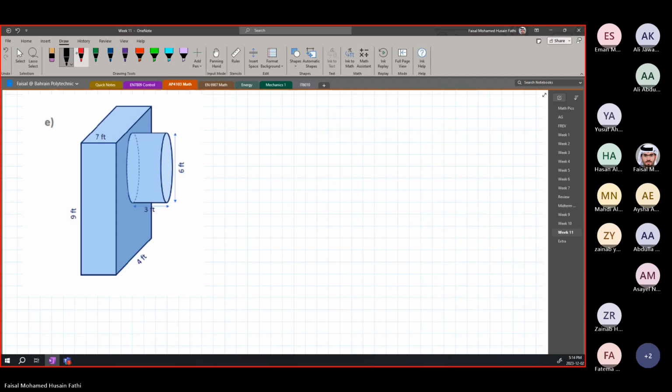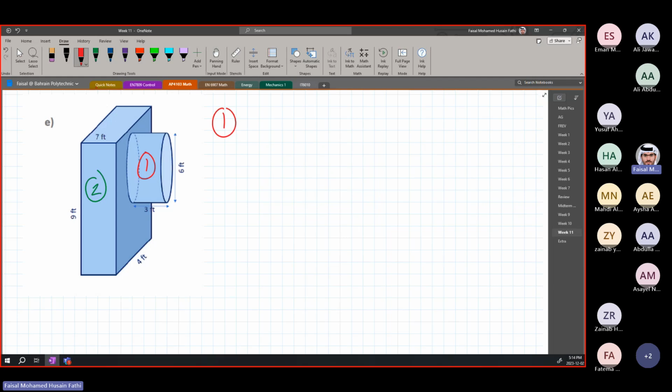E. Now, let's take this as number 1. This is number 2, and this is number 1. Exactly the same way of solving. Don't get scared because you see it upside down or whatever. Exactly the same area, same methods of solving, step by step.